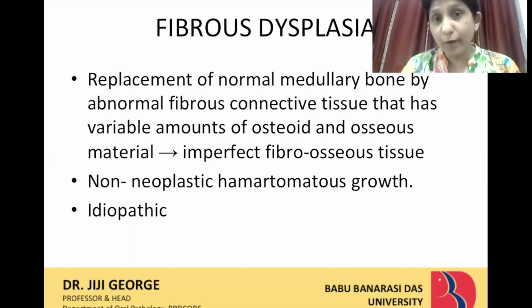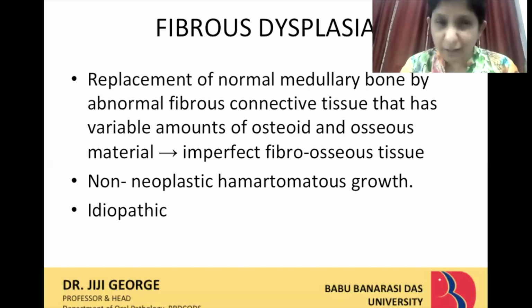But whatever osteoid has formed now is imperfect fibro-osseous tissue. So the bone originally had a certain amount of strength because of the calcified tissue, which is now lost because of imperfect fibro-osseous tissue formation. So the bone that is formed newly is actually not functional bone.